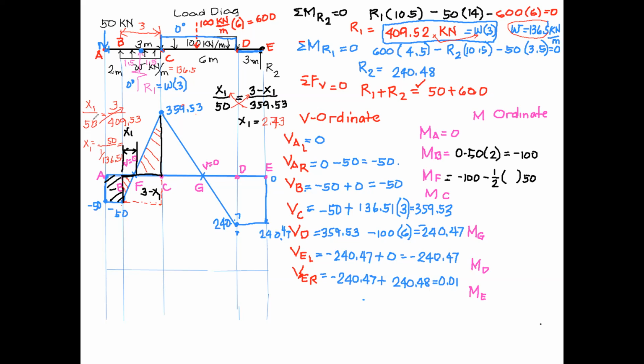X sub 1 is to 50 as the whole height, 3 is to, dapat ito lumabas na 150, 136.5 divided by the intensity na 15 para we get exactly 136 is W.